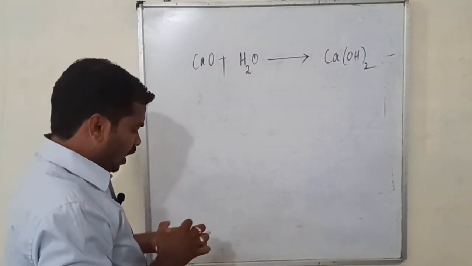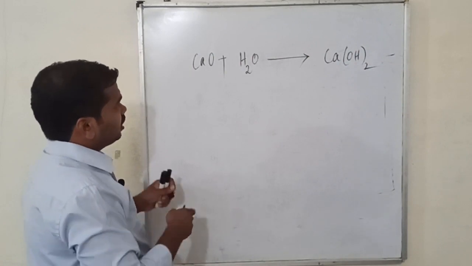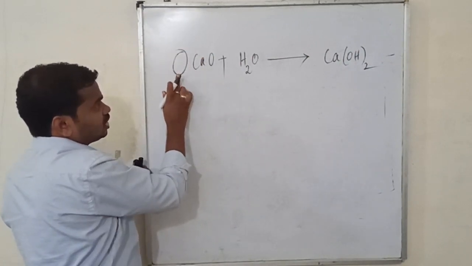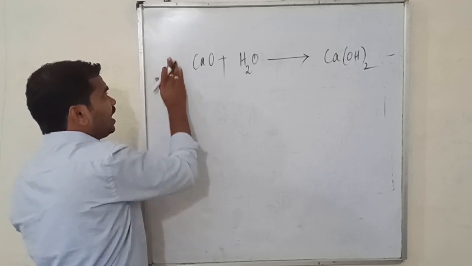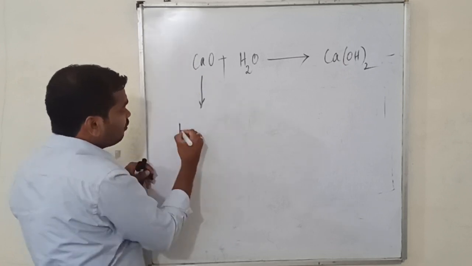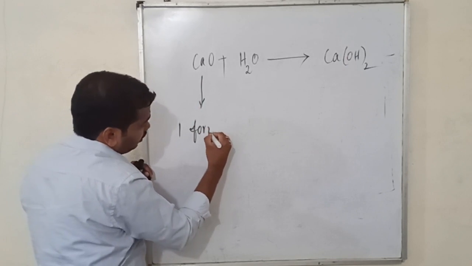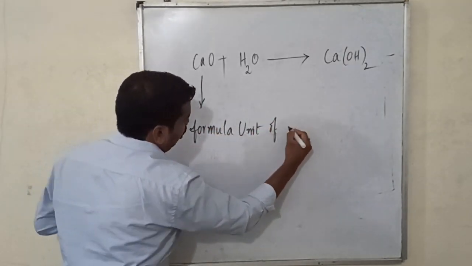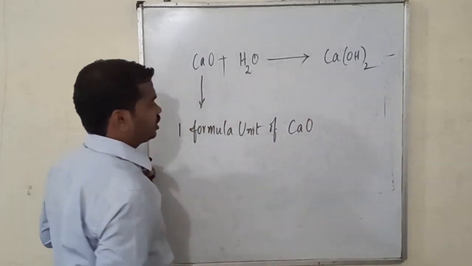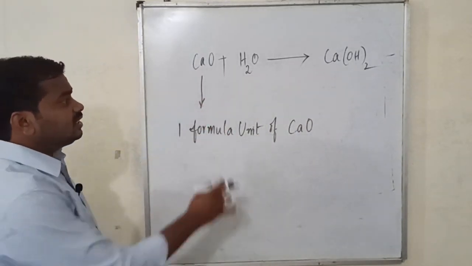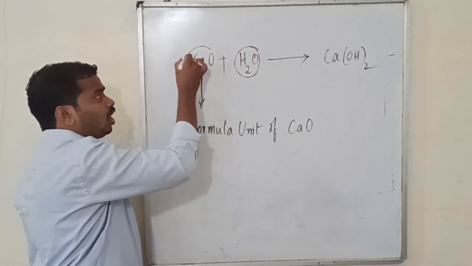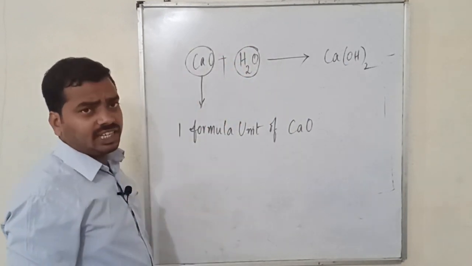Now you see, is there anything written in front of this calcium oxide? No, nothing. That indicates that there is one formula unit of calcium oxide. And here there is nothing written in front of this entire molecule. See, H2O is an entire molecule, calcium oxide is an entire unit.